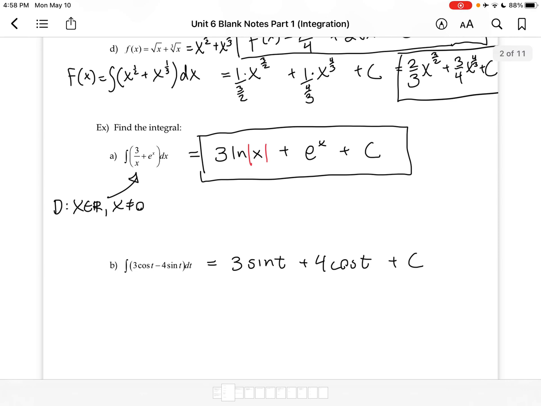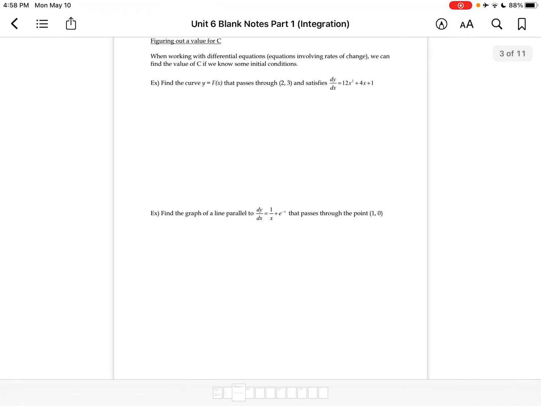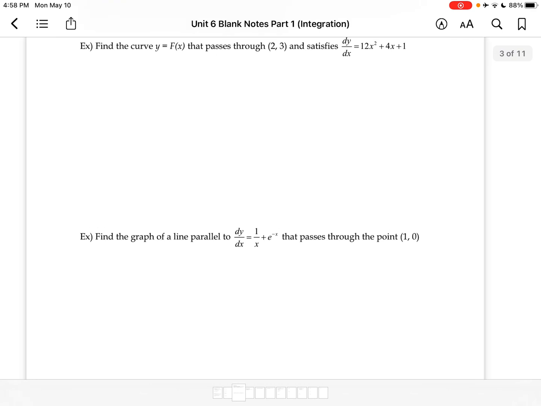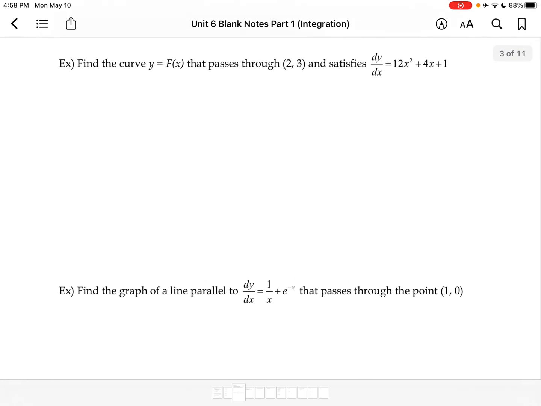All right, so those are indefinite integrals. Now, sometimes you have some conditions where you may actually be able to figure out the specific functions. Okay, so for example, find the curve y equals f of x that passes through the point (2, 3) and satisfies dy/dx, the derivative, equals 12x squared plus 4x plus 1.